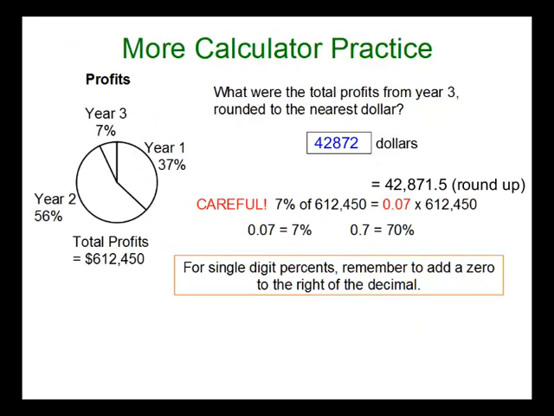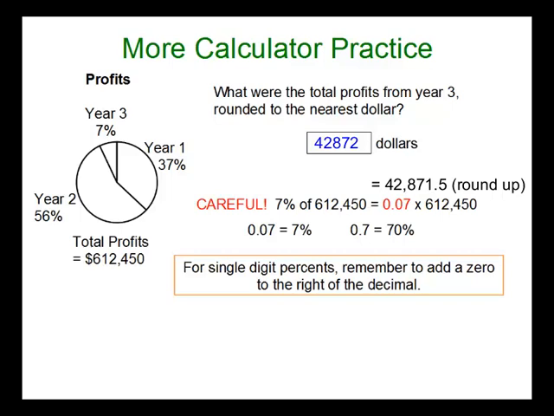Oh, and by the way, I'm about to talk about this more on the next screen, but I'll mention it here too. You can do a quick sanity check on your answer. 10% of 612,000 would be 61,200. 7% is close to 2/3 or 3/4 of that. 3/4 of 60,000 is 45,000.